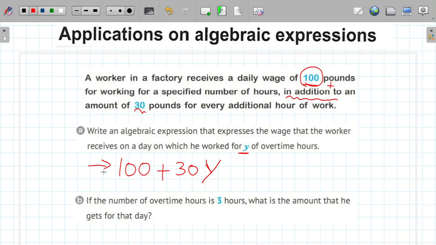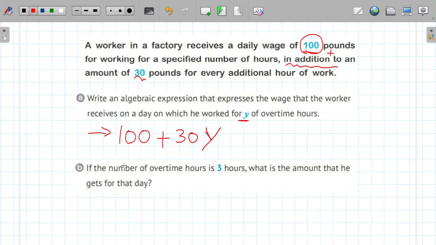Next he says, if the number of overtime hours is 3 hours, what is the amount that he gets for that day? That means y is equal to 3, because the overtime hours is 3 hours and y is for the overtime hours.